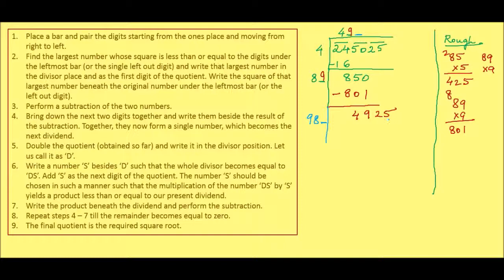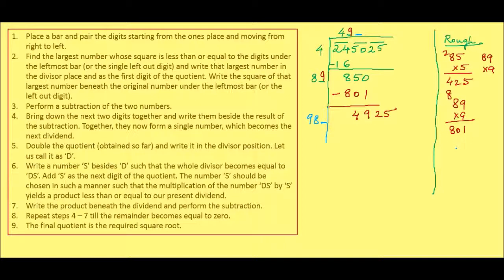Since we are having a 5 in the units place or ones place, the digit that readily comes to our mind for S is 5, because 5 times 5 is 25, which will be giving us a 5 in the units place.